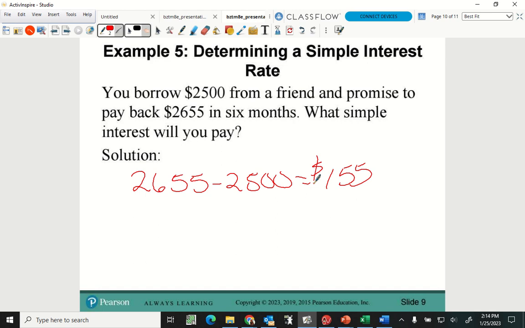How do you find the percent? You would take this divided by that. You divide 2500 over 2655, and that would give you a decimal, and that would be the percent.